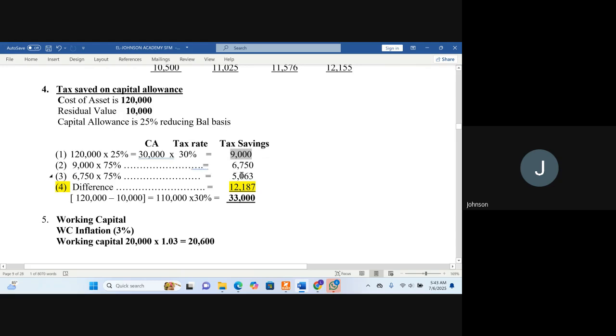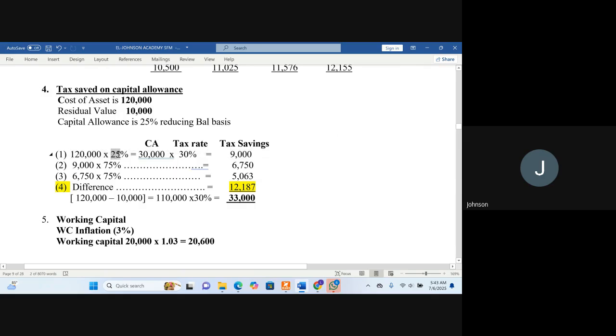No. What you need to do is, since you know what your capital allowance is in year one, and you've multiplied it by the tax rate and gotten the tax savings for year one, the next year this amount will be reduced by 25%.